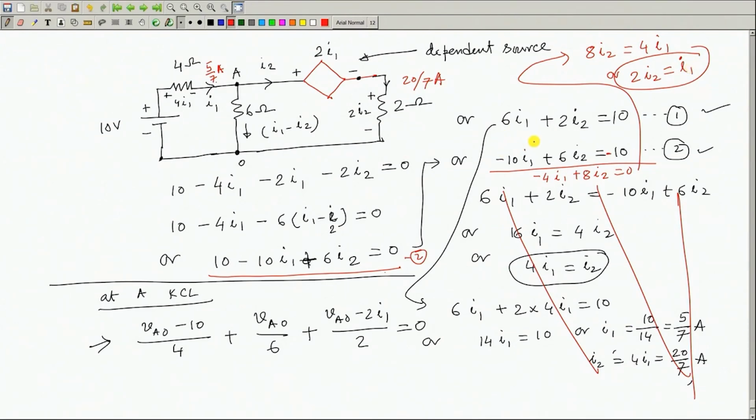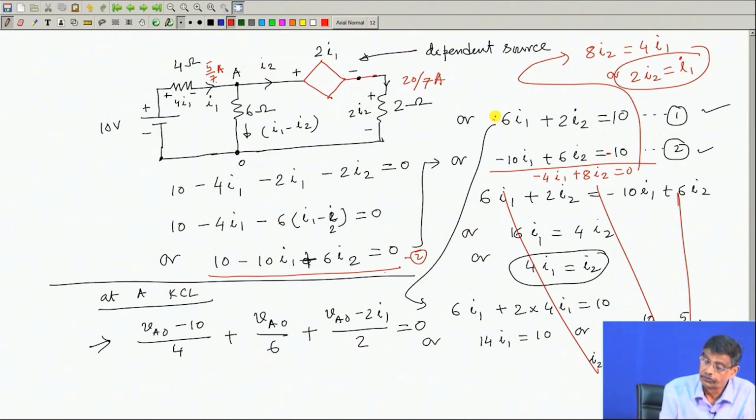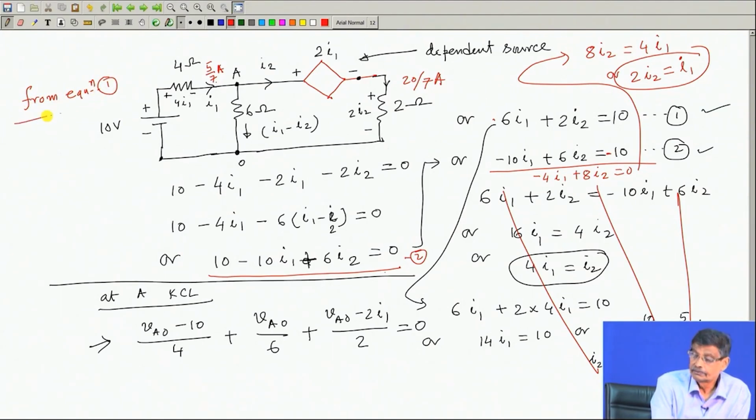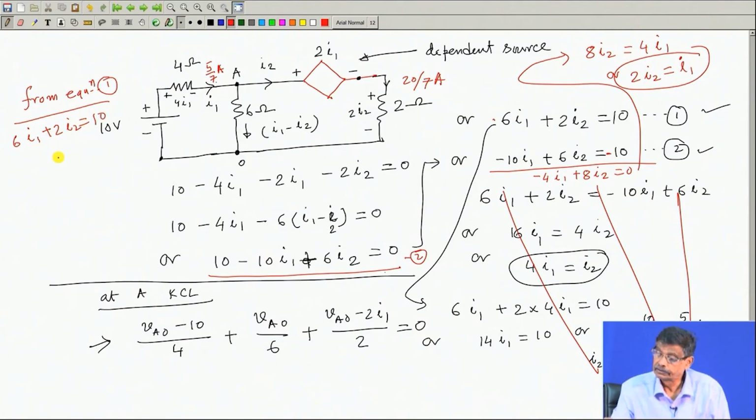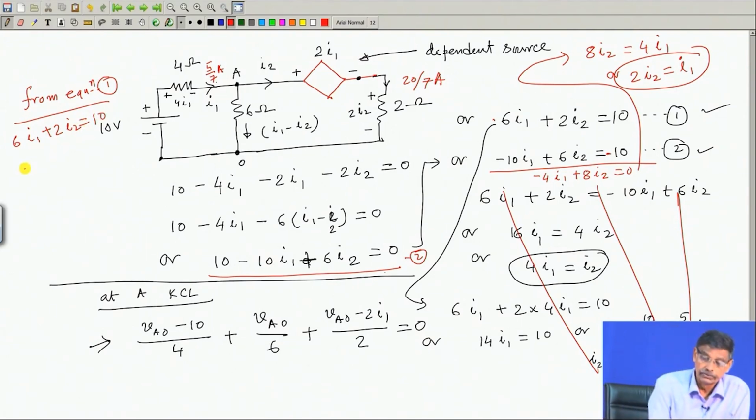So, put in the first equation. Now, in the first equation, if you put I 1 equal to 2 I 2, from equation 1 you get 6 I 1, I rewrite, plus 2 I 2 is equal to 10, and I 1 is equal to 2 I 2.